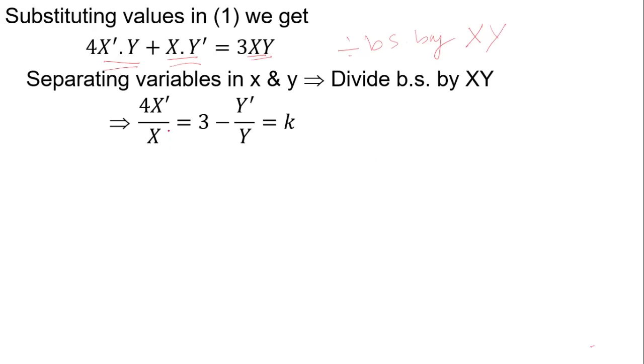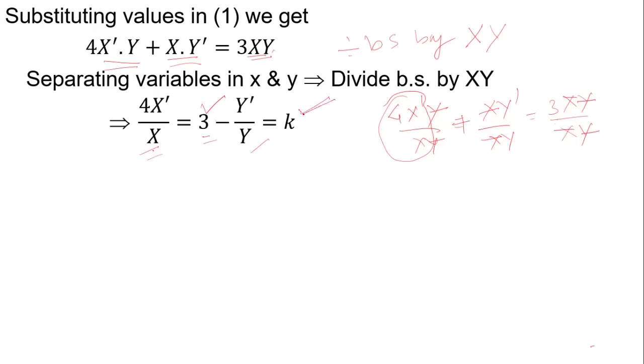Okay, so you will get this X dash upon X is equal to 3XY upon XY, that is 3, minus X Y dash upon XY, that is Y dash upon Y, and let it be equal to k. Look at how: X dash Y upon XY plus X Y dash upon XY is equal to 3XY upon XY, right. Y got cancelled, X got cancelled in the other term, so what remains is X dash upon X, this has come, is equal to 3 remains here, this is 3, minus Y dash upon Y, this has come, and let it be equal to k constant. K is the constant.